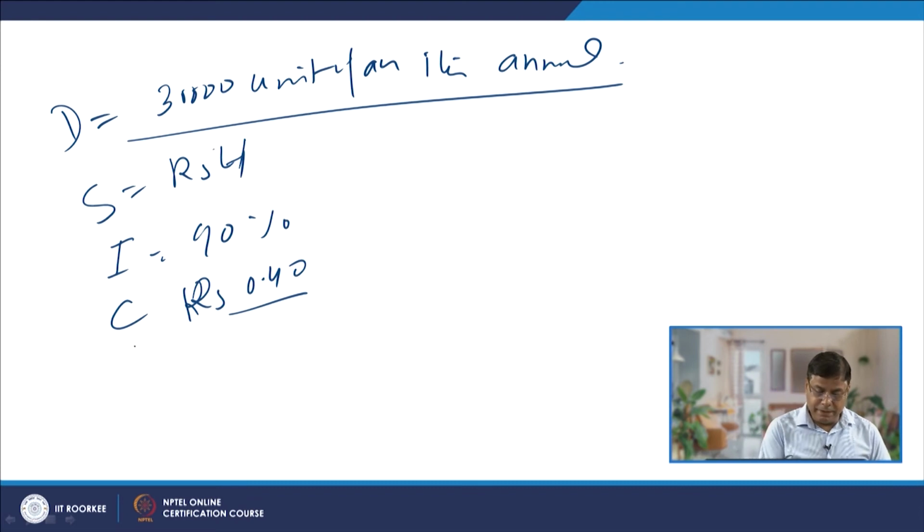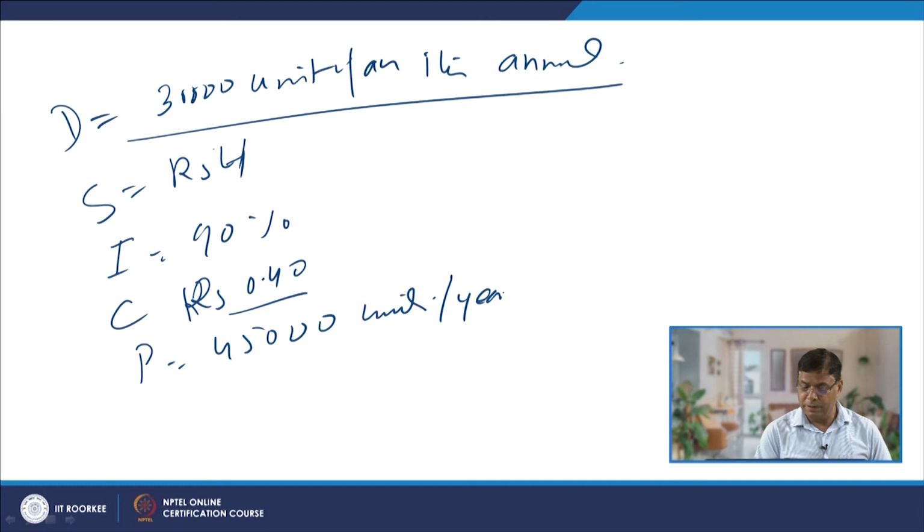And say the production rate is 45,000 units per year, that is the P, and we have already talked about the demand, the annual demand is this, the annual production rate is this.